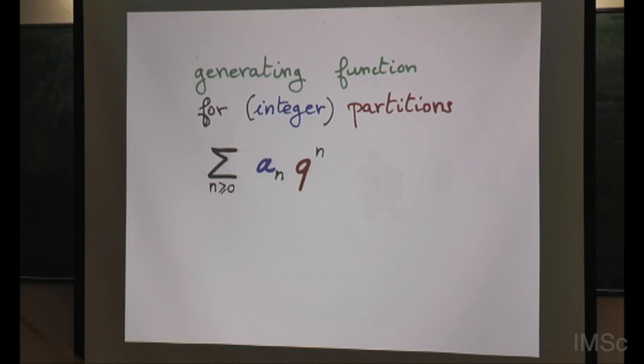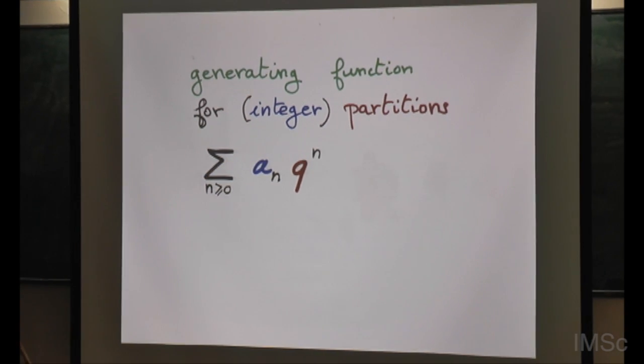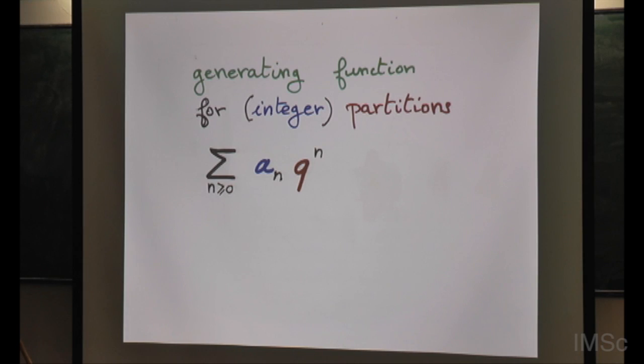So I want to find an explicit expression for the generating function of integer partitions. a_n is the total number of partitions of n, and I claim that I'm going to obtain this generating function by applying the lemma sum, product, sequence of the previous section about direct operations on combinatorial objects, no recurrence relation, nothing.